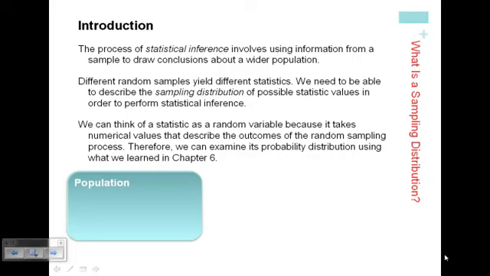For example, if I flip a coin 100 times and I count up the number of heads, that is a sample of all possible coin flips. And when I flip a coin 100 times and take a sample of all possible coin flips, do I expect that I'm always going to get exactly 50 heads out of those 100 flips?